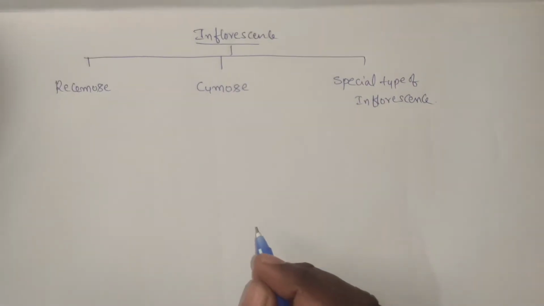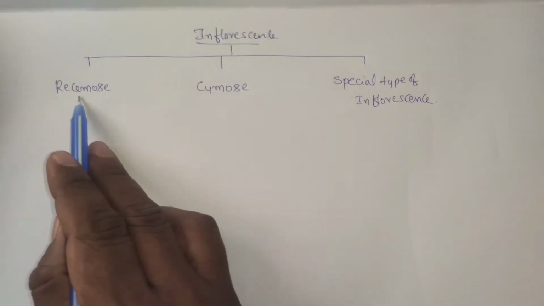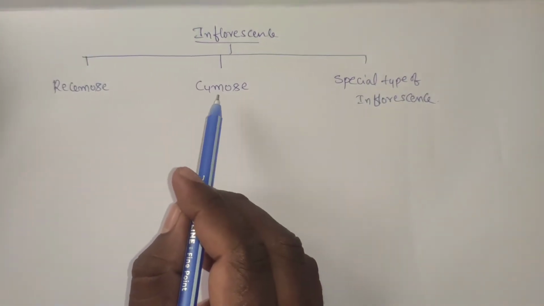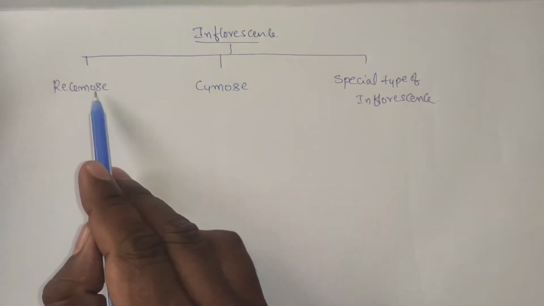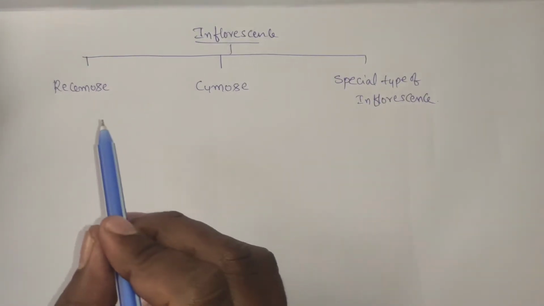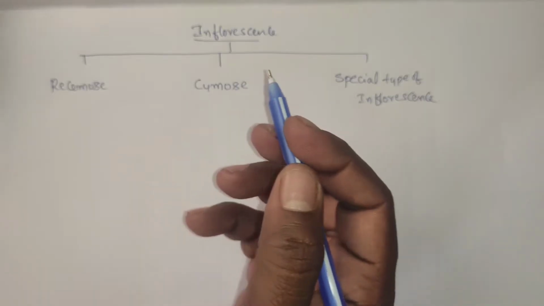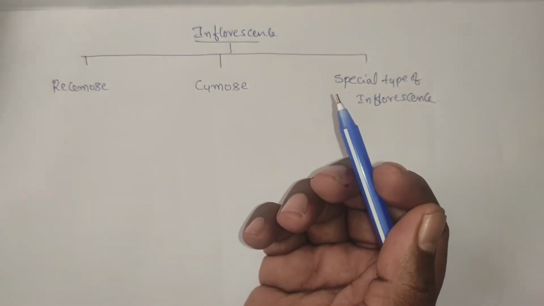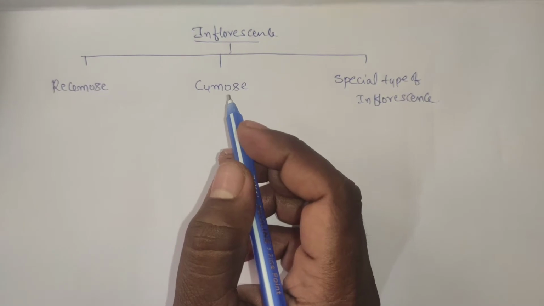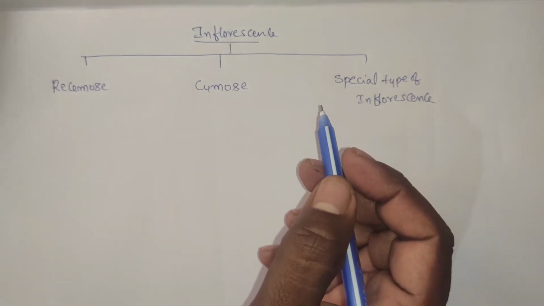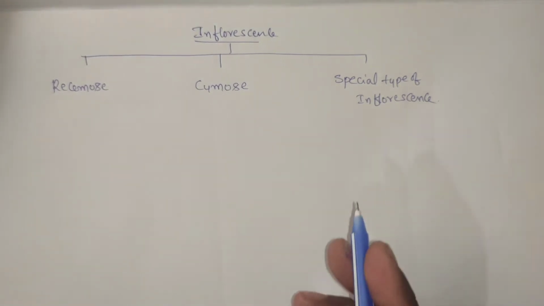Okay, first of all we will learn about the 2 types of inflorescence, racemose and cymose. These 3 types of inflorescence, first of all we have to know the differences between racemose and cymose inflorescence.